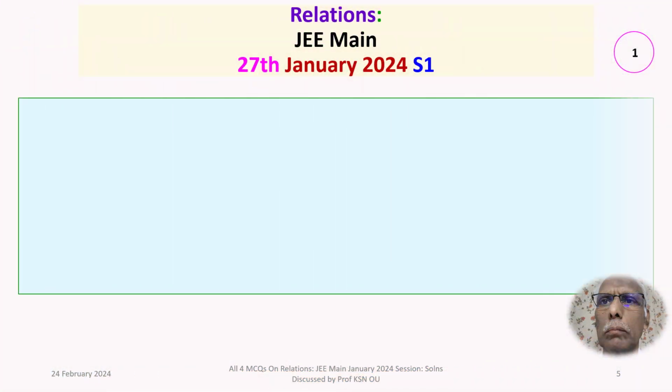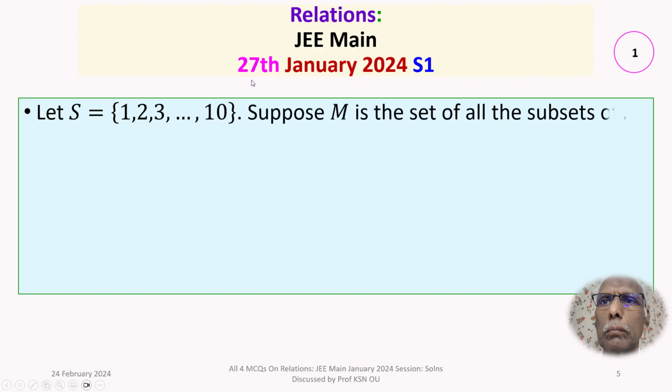We first discuss the first question. This question has appeared in the 27th January 2024 morning shift examination. The problem is: let S be the set consisting of 1, 2, 3 up to 10.